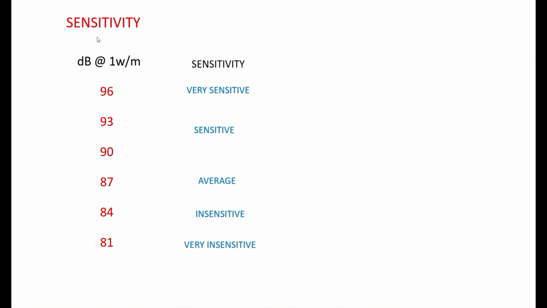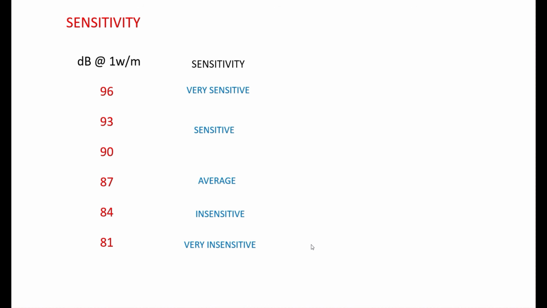Be wary if somebody's got ridiculously high sensitivity levels, or they don't put the units right, because it's probably because they're measuring in this 2.83 volt thing that I was just talking about. But to cut a long story short, speakers above 90 are sensitive to very sensitive. Speakers at 87, 86 are kind of average, and when you're getting into the low 80s, they're quite an insensitive speaker.